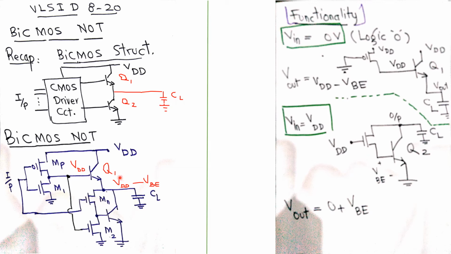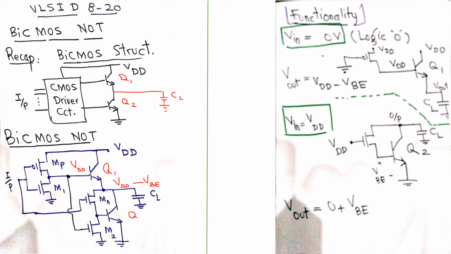that we get in regular CMOS based circuits, whereas this VDD is applied to the gate of this NMOS transistor, turns it on, and the base terminal of this Q2 transistor is also at 0 volts.